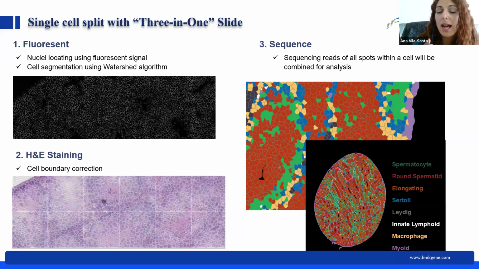And even using cellular annotation, based on their transcriptional profiles and comparing them to public databases, we can say, for example, that the ones in blue are likely spermatocytes, while the ones in green are likely Sertoli cells, etc. So this is a much more informative way, and with much more biological meaning, to study spatial transcriptomics.